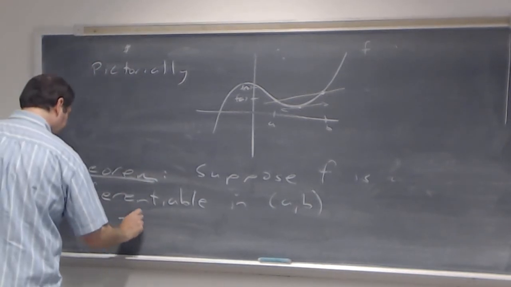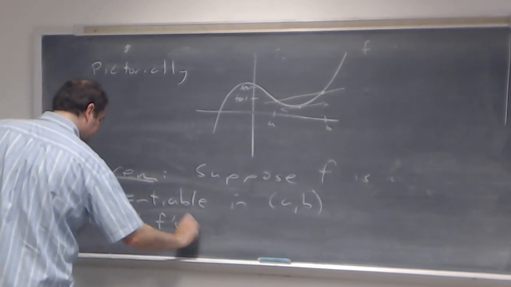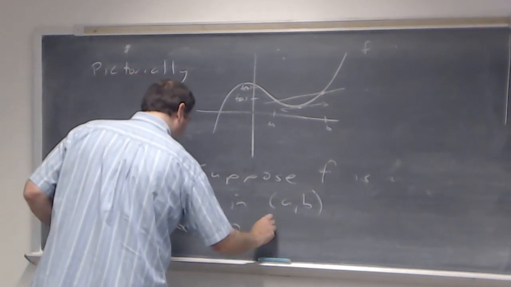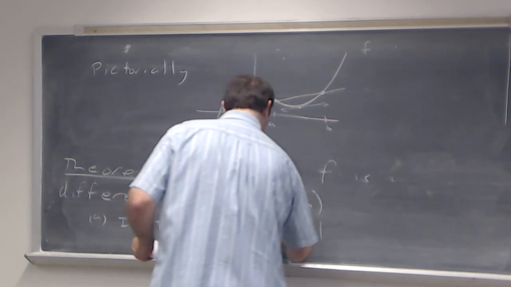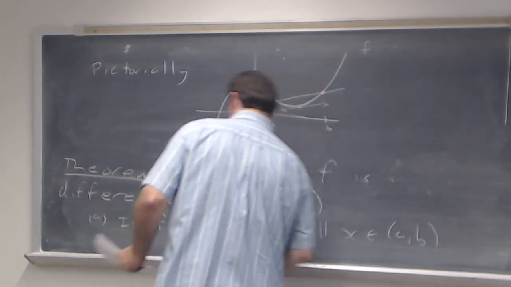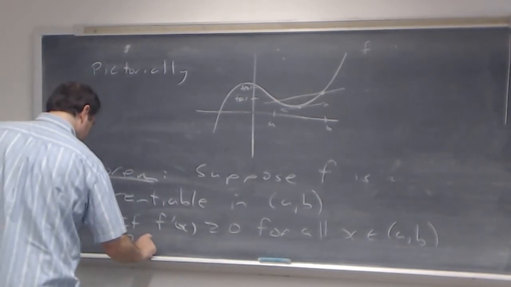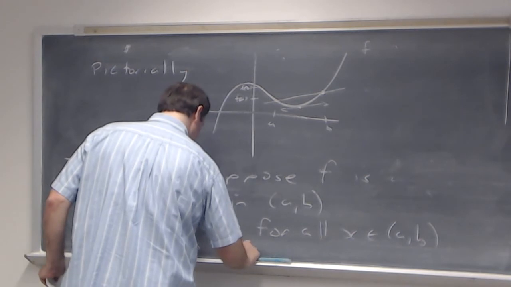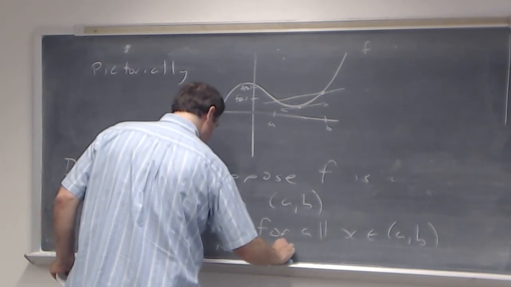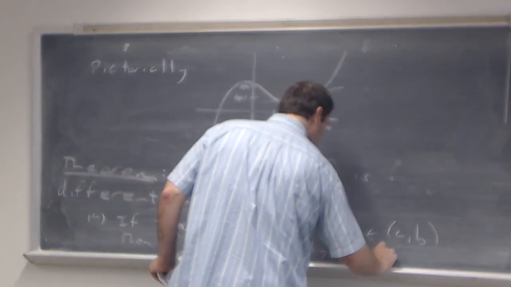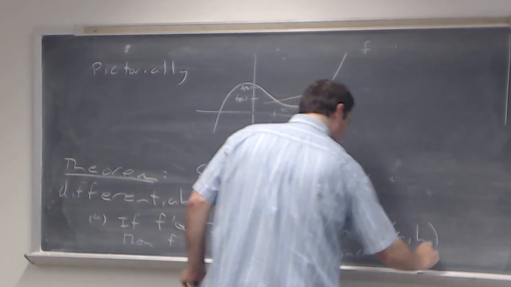First part is if f prime of x is greater than or equal to 0 for all x in an open interval from a to b, then f is monotonically increasing on (a, b).